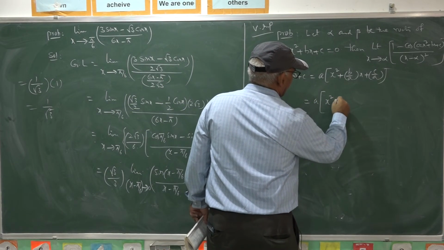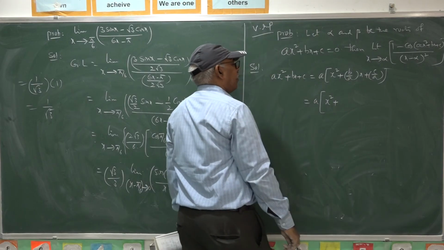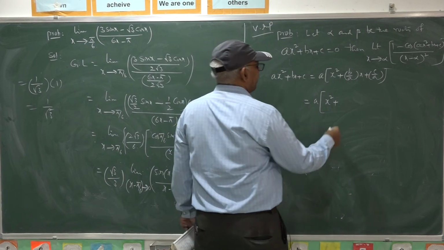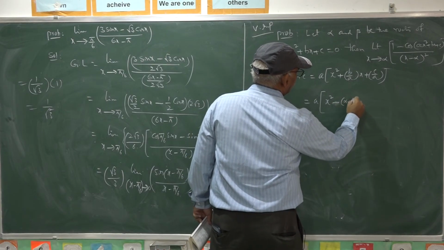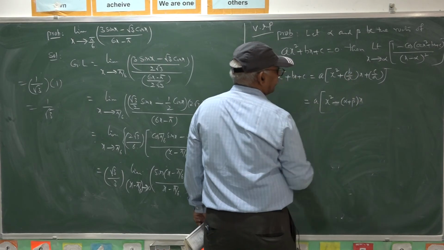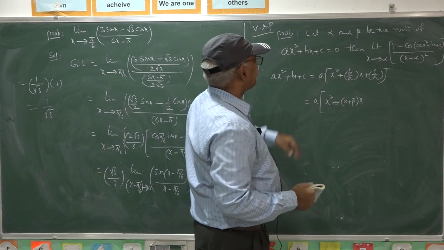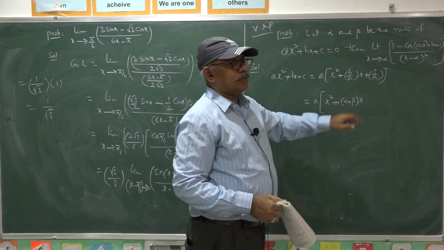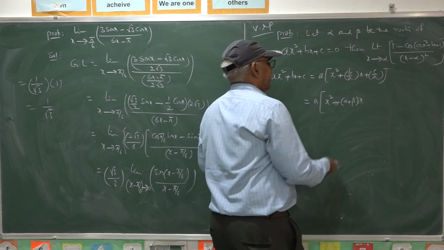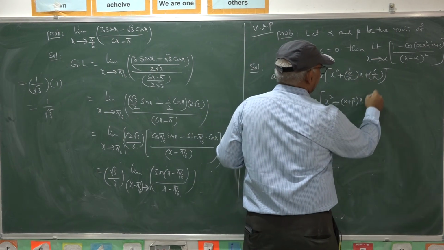Now, b by a may be written as minus of alpha plus beta, the sum of the roots. Sum of the roots is minus b by a.